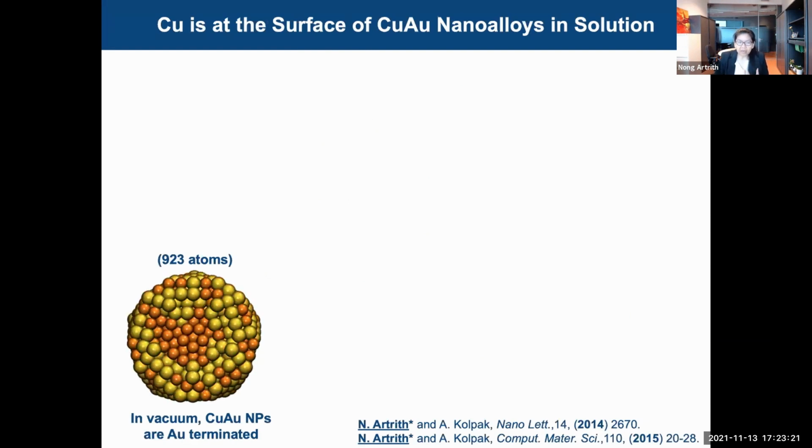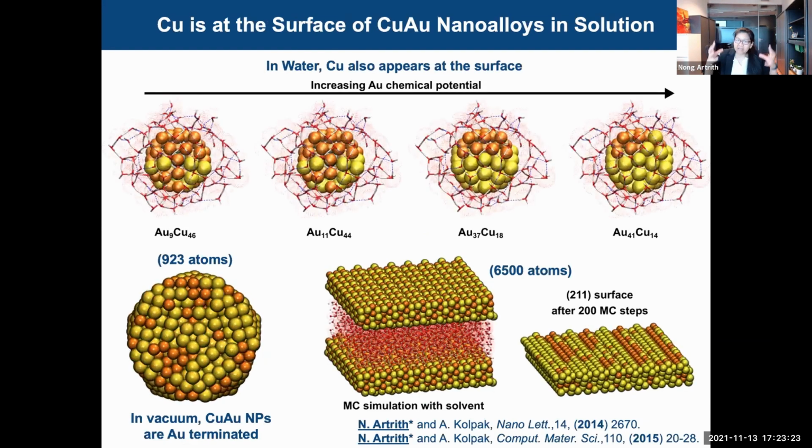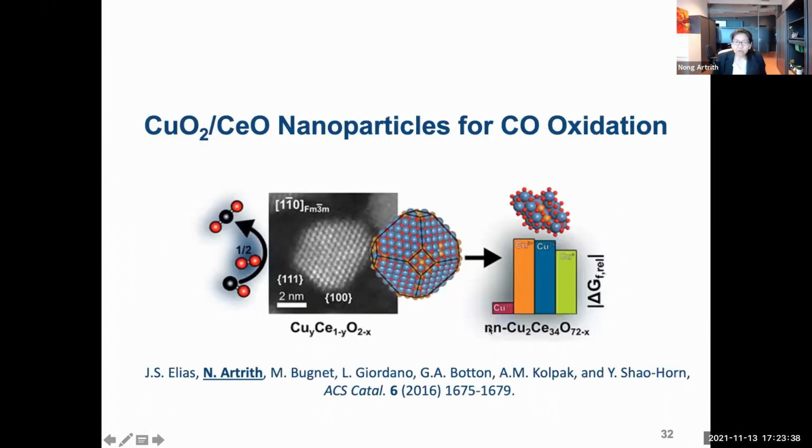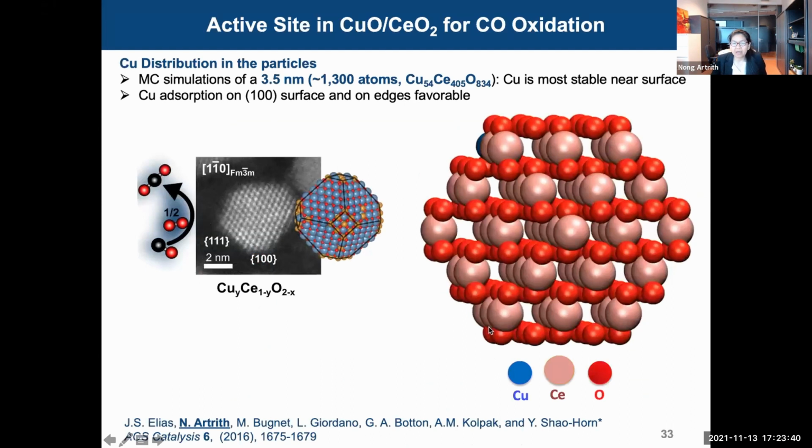And not only in vacuum, we can also extend our dataset with more solutions and also interfaces that you can see here. So with our efficient potentials, we can really do more realistic models.